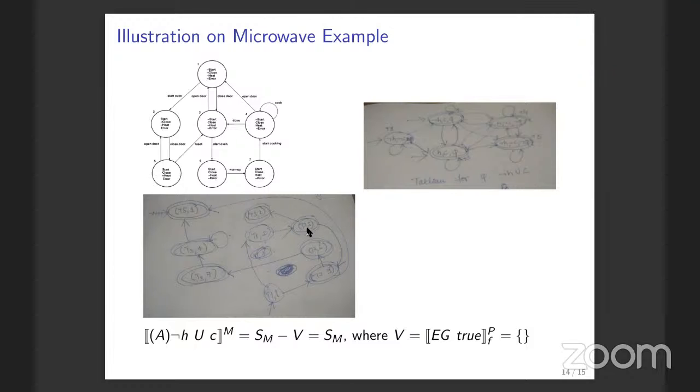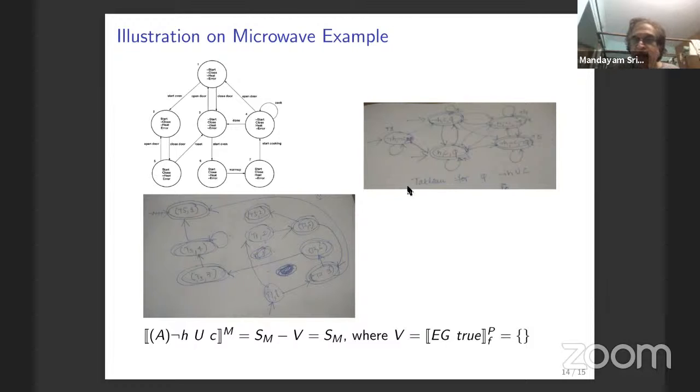In this case, the infinitely often happens at T3 or T2, both of which are included in what I've marked with a double circle here. T1 is not a fair state. As long as you have T3, there is a fair path from here that goes all the way here, and then it circulates here.